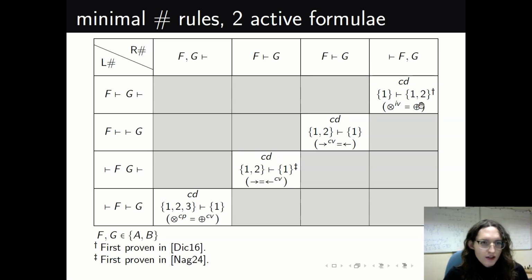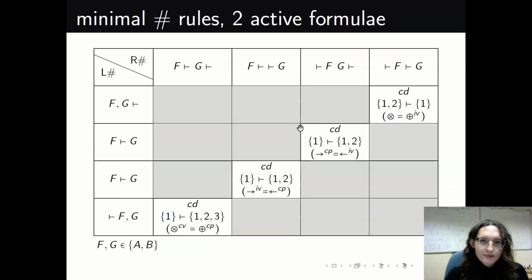So you get fission, you get left arrow, you get right arrow, you get converse fusion, converse fission, you get fusion, you get inverse left arrow, you get inverse right arrow, and you get converse fusion.